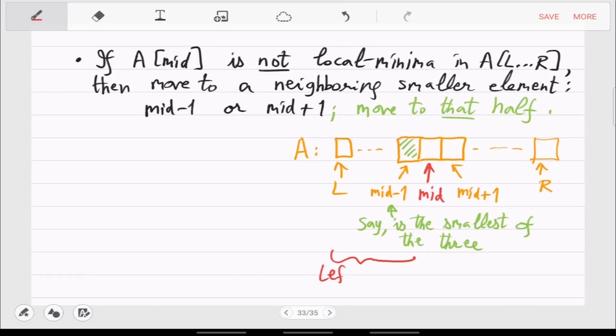So the left half is used next, which means that the right endpoint is updated to mid - 1, and L remains the same. So this is the implementation of binary search without assuming a sorted array. We are just locally seeing and moving to the smallest of the three.